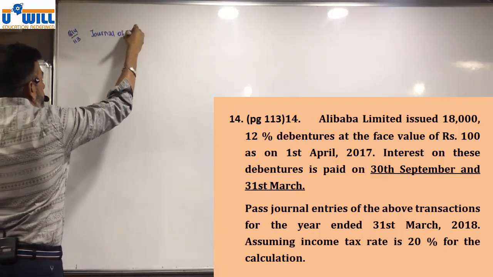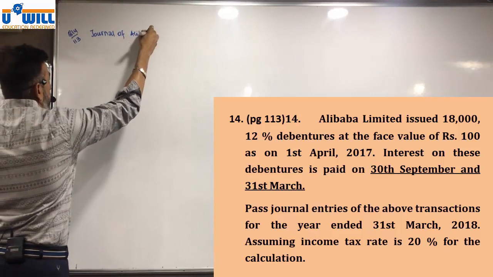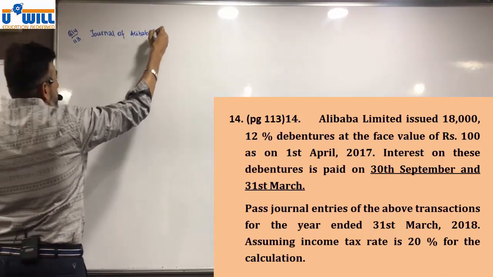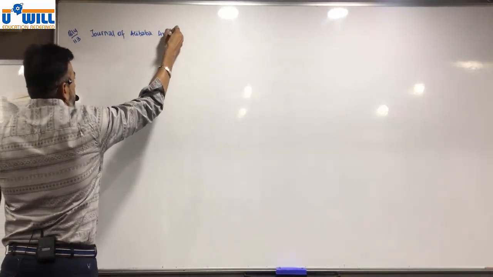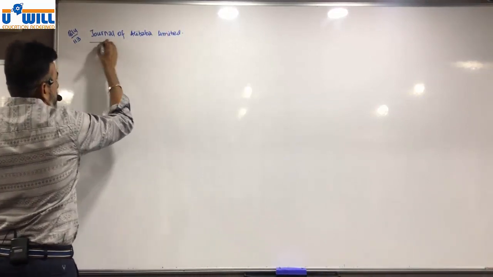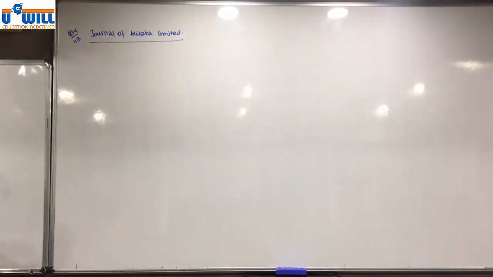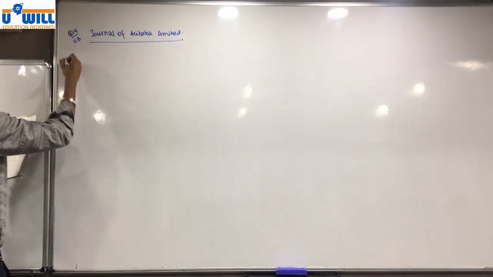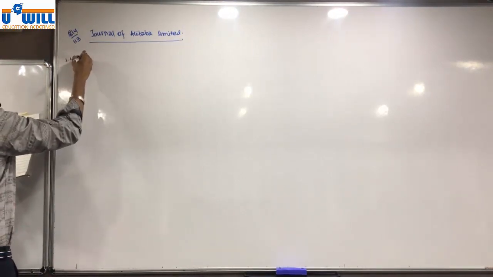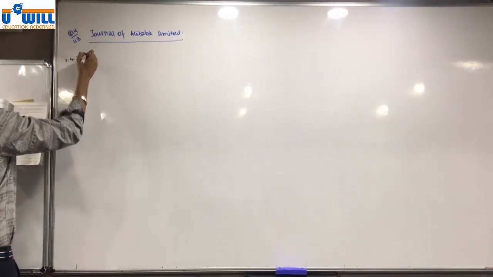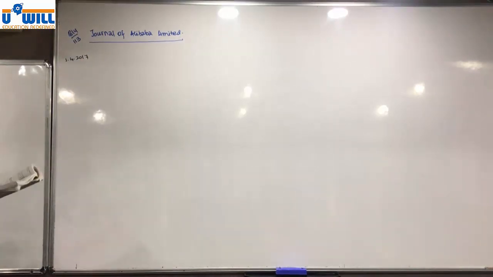Journal of Alibaba Limited. Now, 1st April 2017, we issued 12% 18,000 debentures.